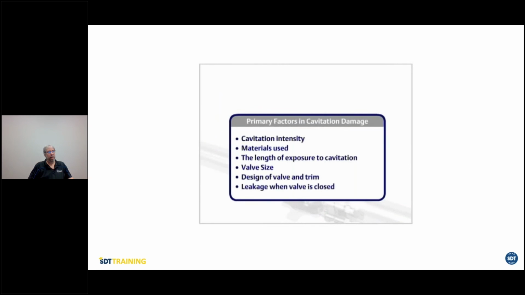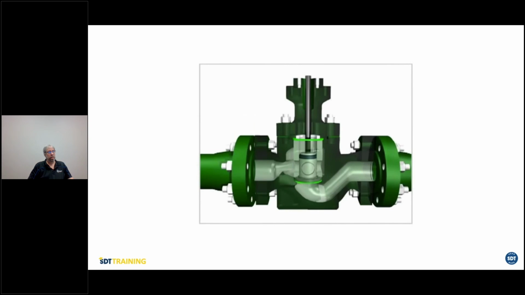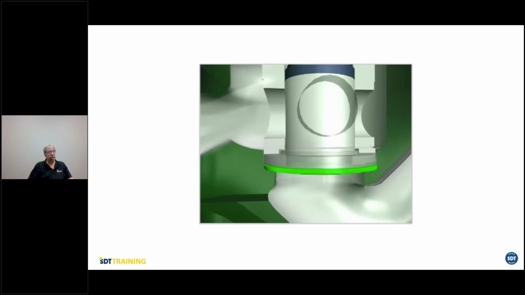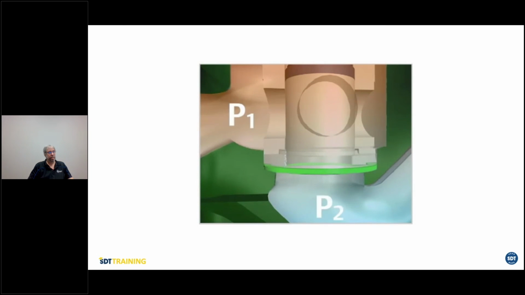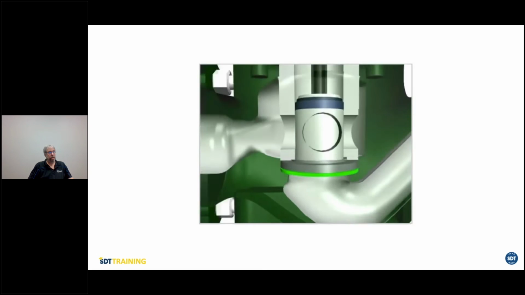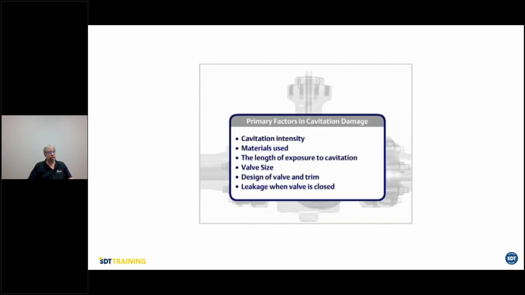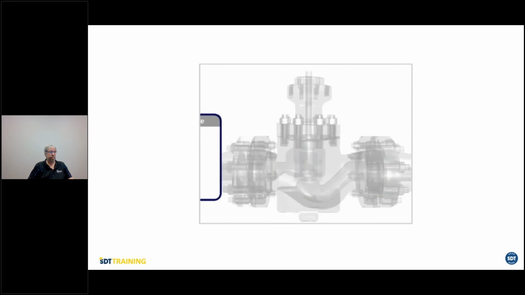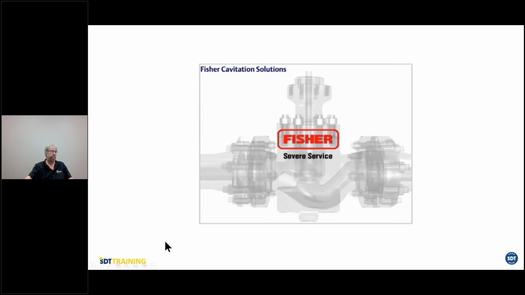If there is leakage occurring when a valve is closed, fluid leakage moves fluid from a high pressure area to a low pressure area, which results in cavitation and potential damage. Cavitation damage can be reduced by altering or accommodating any of these factors. Cavitation damage can often be reduced or prevented by using the proper components.